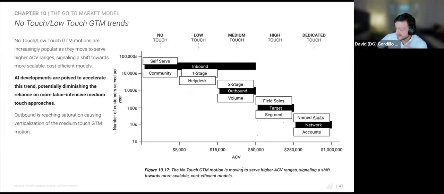First, given that suddenly everyone needed to be online, everyone was using SaaS tools, everyone also started to get more comfortable paying larger amounts of money without talking to a human being, meaning that the no touch started to push up a bit and push the low touch as well. Having that effect, the low touch also pushed up, and it started to compress the medium touch go-to-market motion.